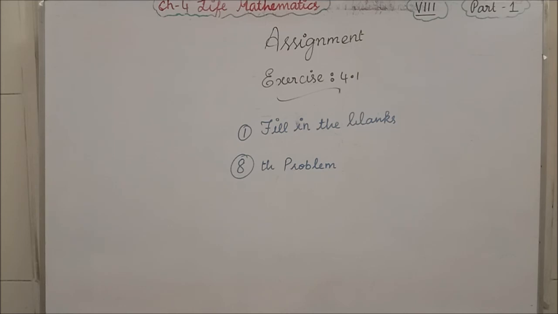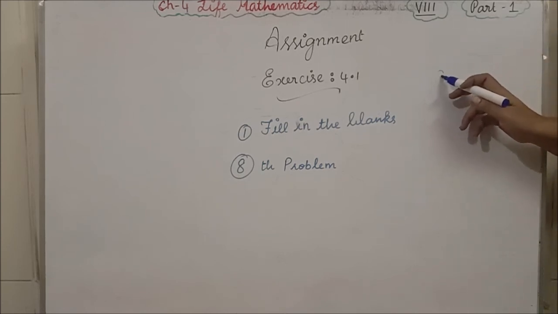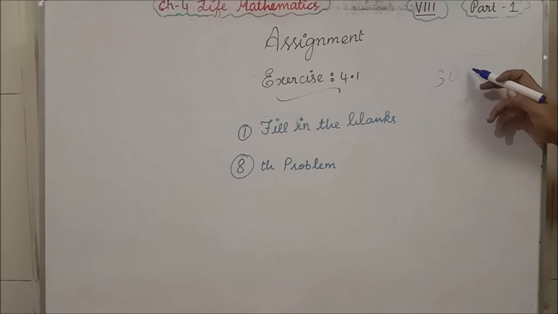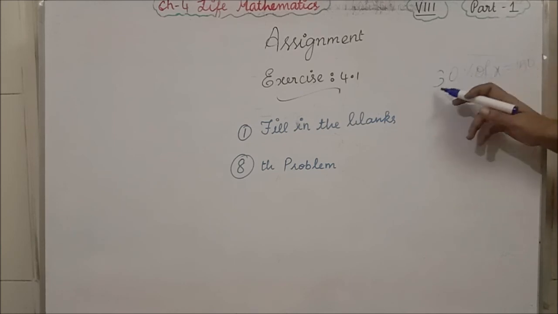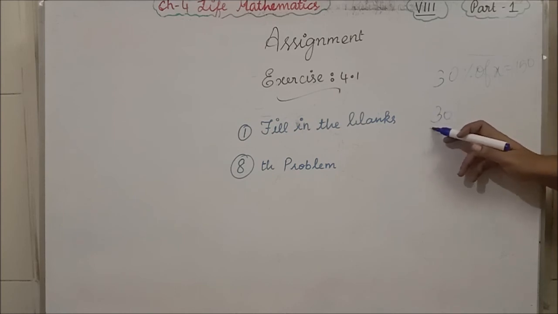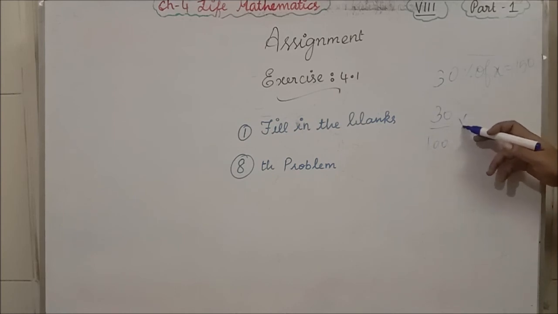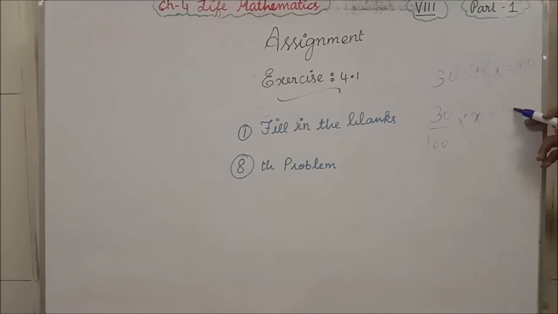Clear? Students, what I told you, if 30% of x they have given, so of means, what I told you, into, isn't it? So 30% of x is 150. Like that they are giving. How we have to write this: 30% of x is 150 means you have to put equal to 150. 30% means we have to write 30 by 100 into x is equal to 150.